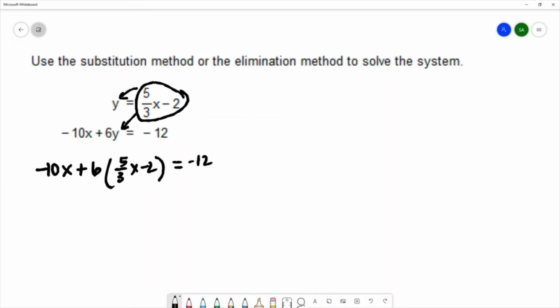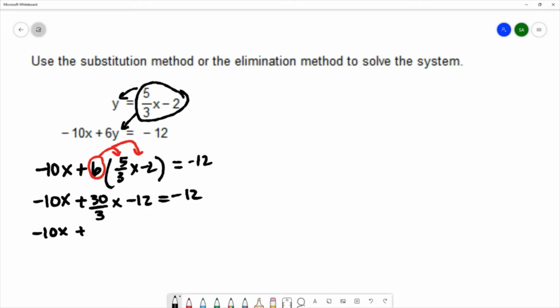Now I have an equation that only has one variable, and I'll use the distributive property. And when I distribute, I would have negative 10x plus 30 over 3x minus 12 equals negative 12. 30 over 3 is 10.